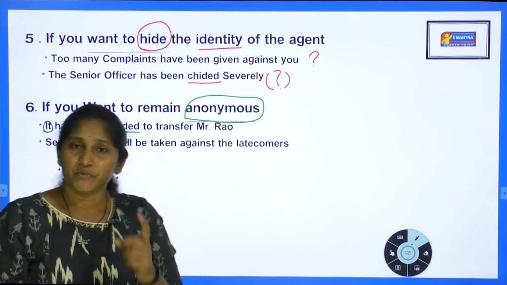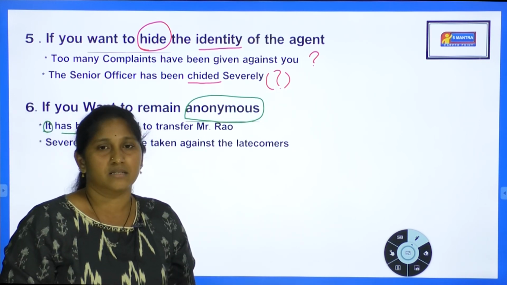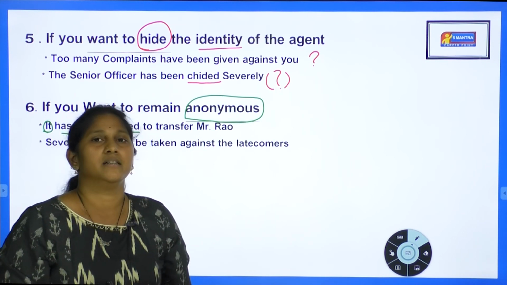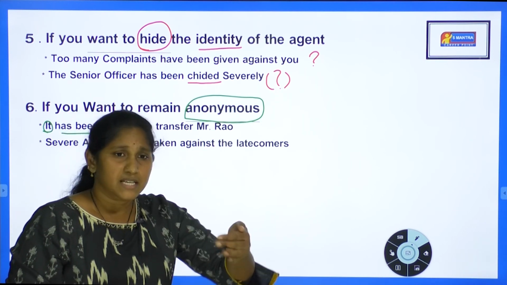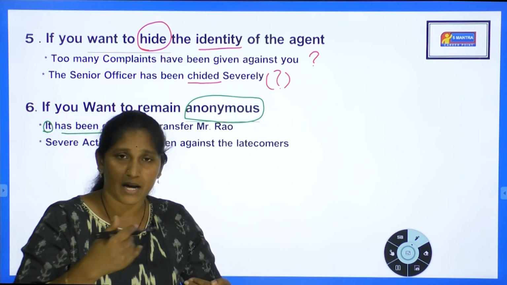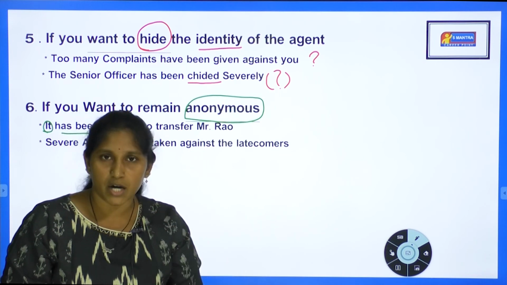For example, if you go to an ATM center, the card is scratched, the card is put in and cash is drawn. These kinds of sentences, after 'by me', you don't want to mention it. You know that it is you only.